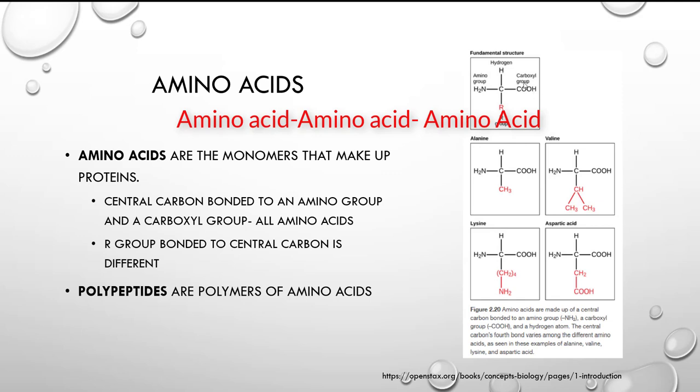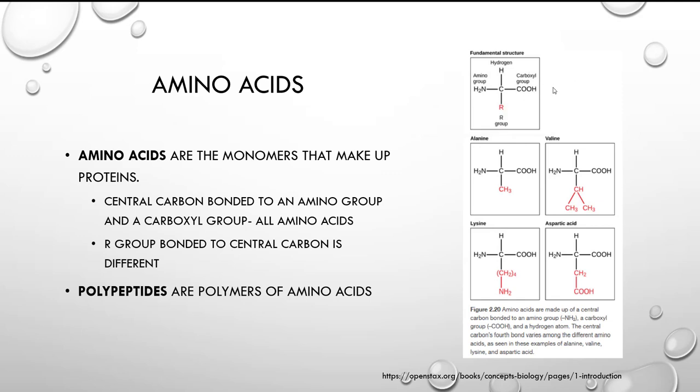Just imagine, this carboxyl group is going to be attached to an amino group of a nearby amino acid. This amino group is going to be attached to a carboxyl group of a nearby amino acid. So they're all going to be linked together, which means all of their R groups are kind of facing that direction.